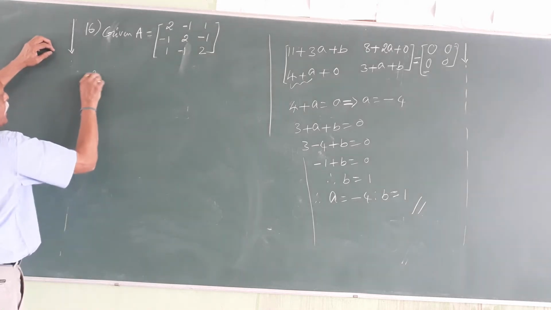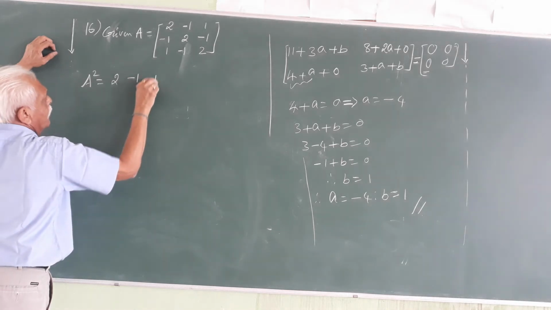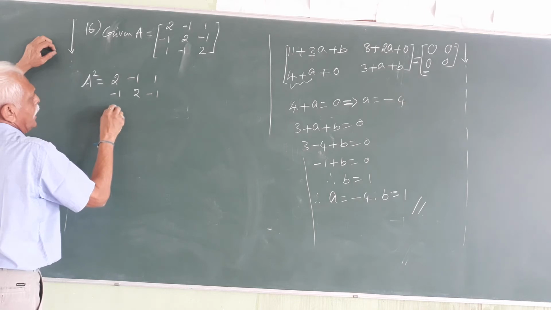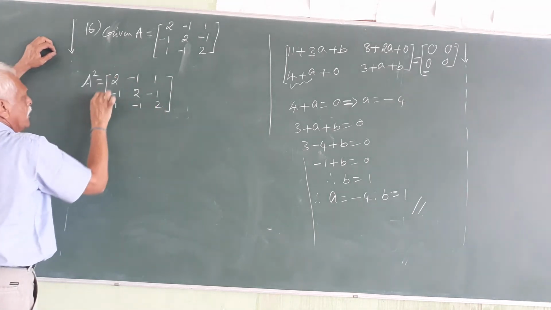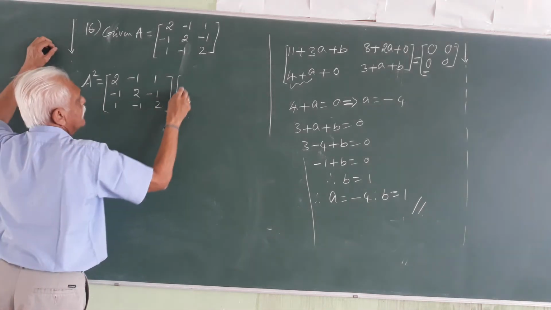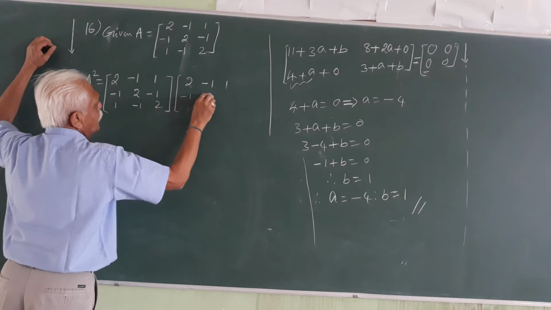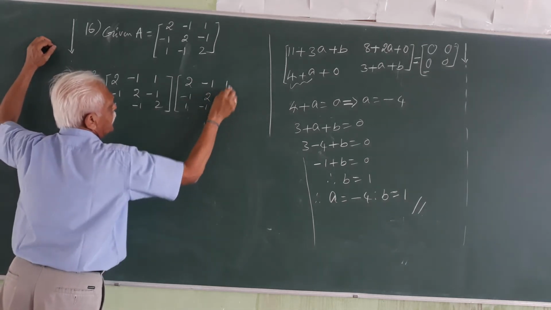A square is equal to [2 -1 1; -1 2 -1; 1 -1 2] into [2 -1 1; -1 2 -1; 1 -1 2].